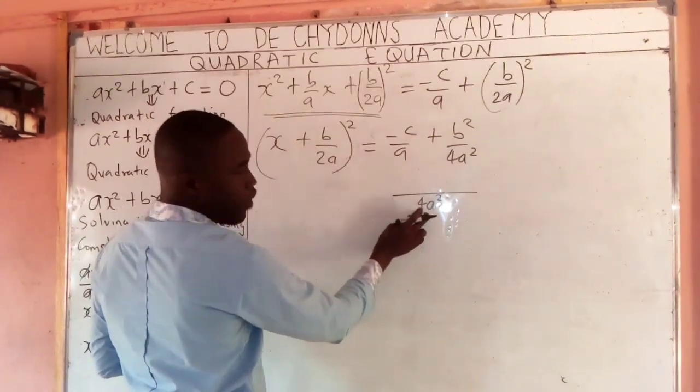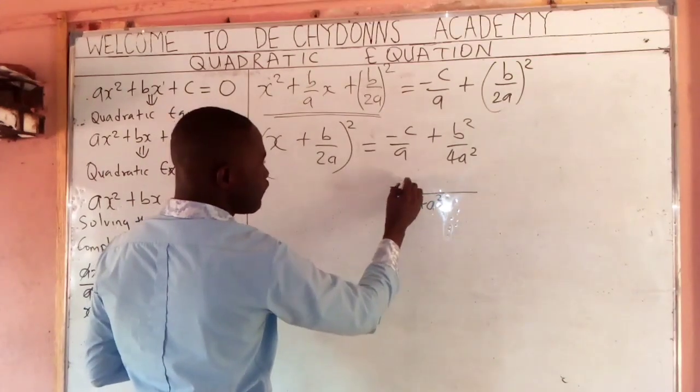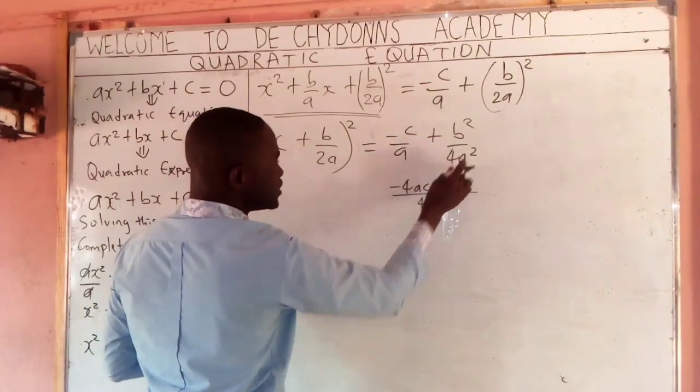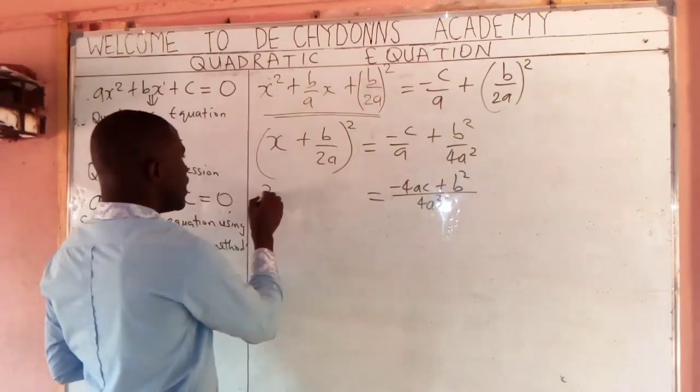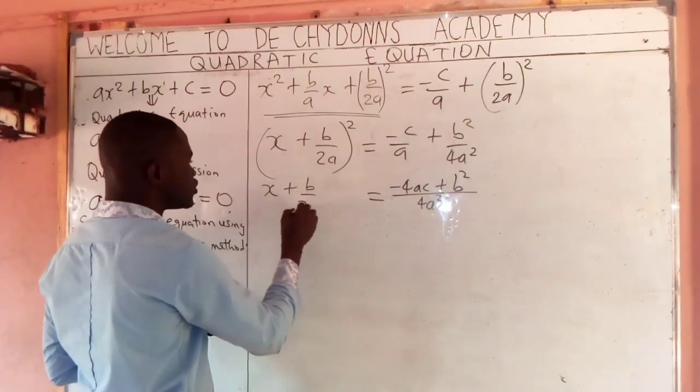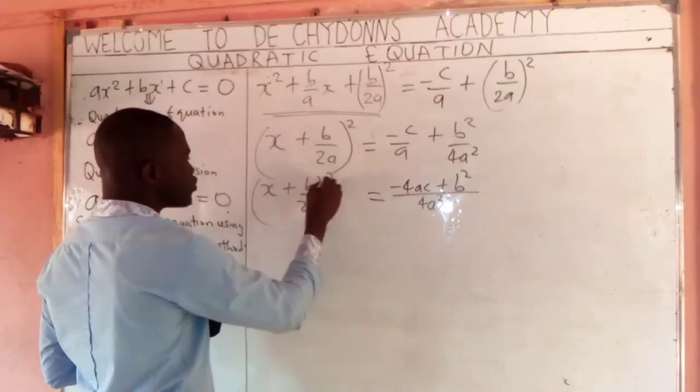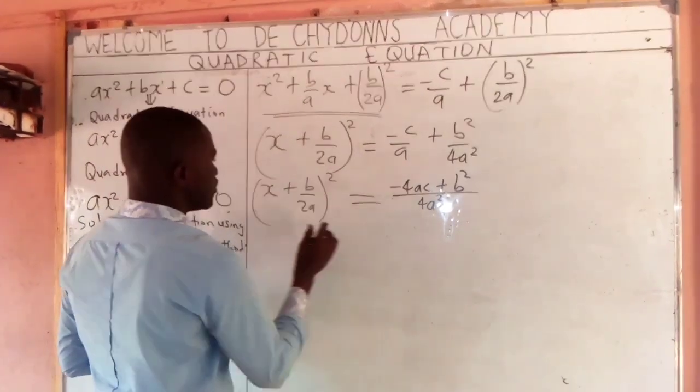4a times this minus 4ac plus this by this, 1 times b squared, equals x plus b over 2a all squared. Okay?